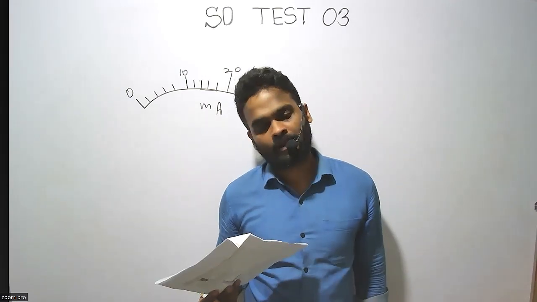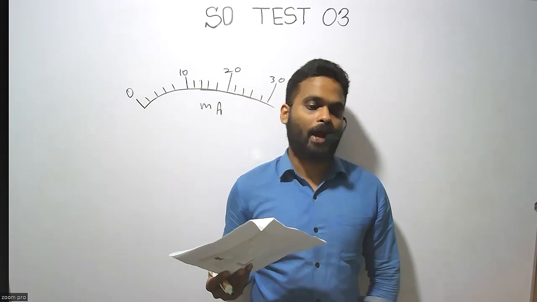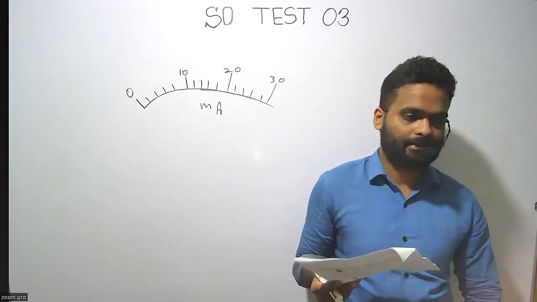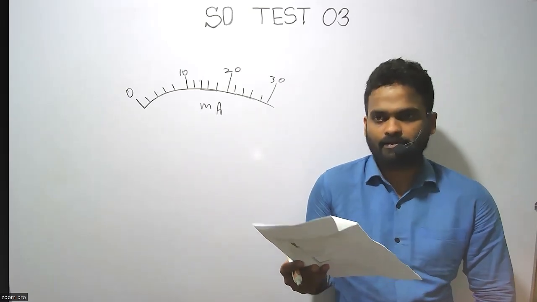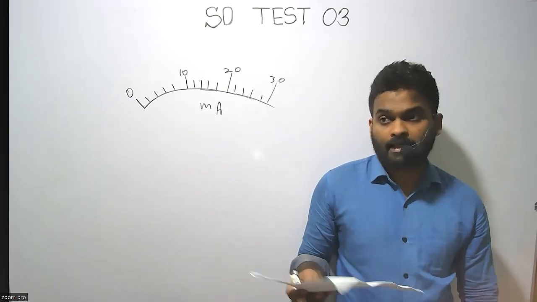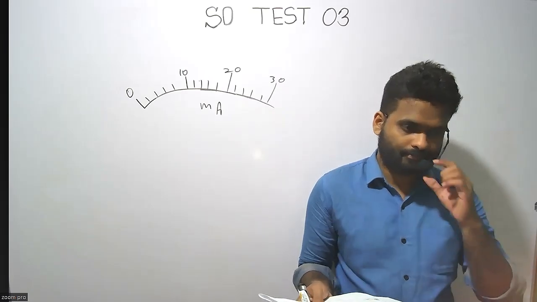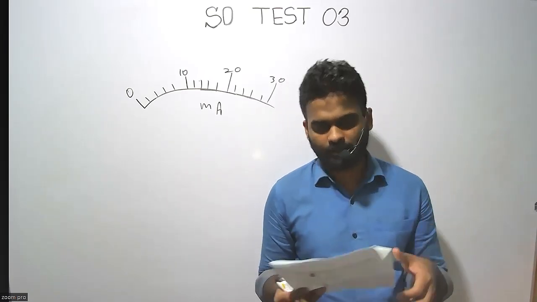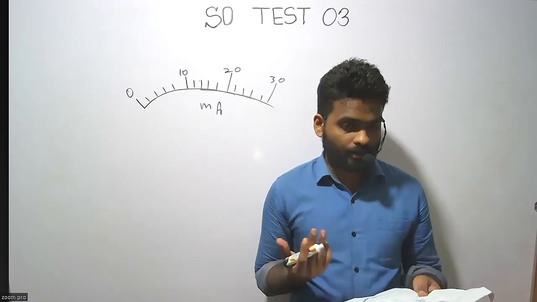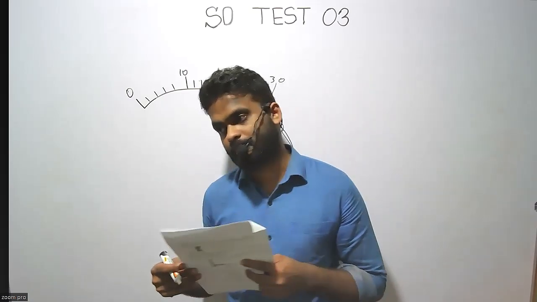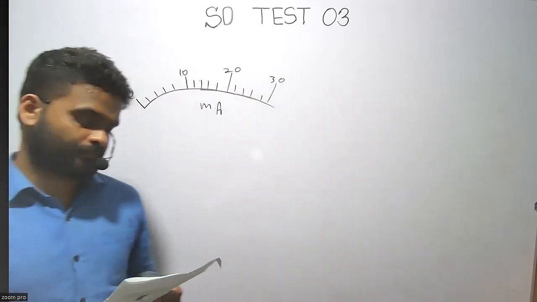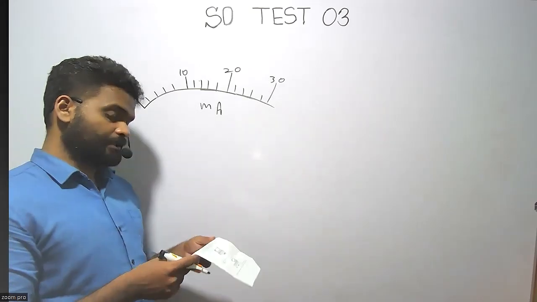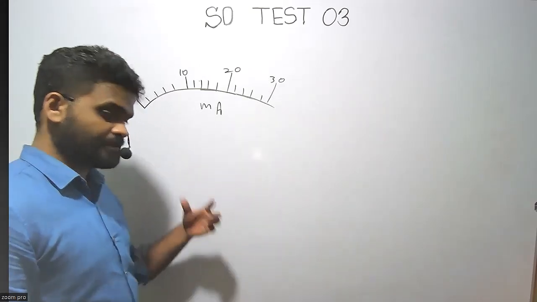So you haven't learned about milliammeters yet, right? You learn this in electricity. But from the knowledge you have currently, you can figure this out, if you have a clear understanding of measuring instruments, about zero errors and all that conceptually.